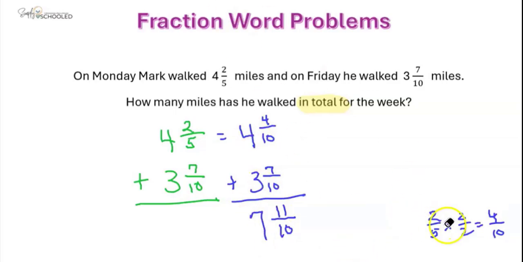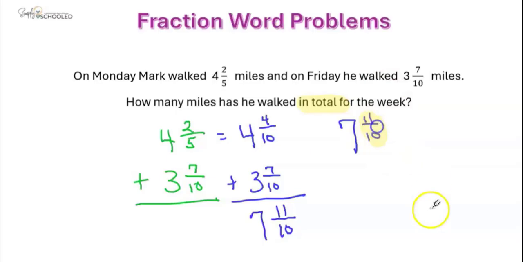But now we have to look at this answer because we're not done yet. Our answer is 7 11/10. We know by looking at this that this is an improper fraction, so we can change 11/10 into a mixed number. 11 over 10. 10 divides into 11 one time, and there's 1 left over, and we put that over 10.